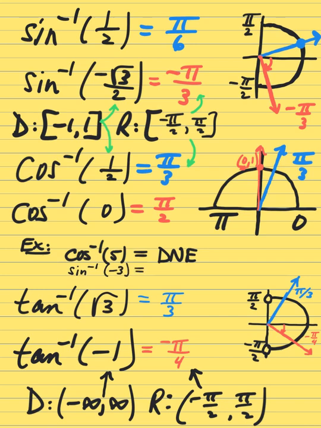This would be another case of does not exist because you have to have a number between negative and positive 1. 5 and negative 3 are not in that interval. And so that's why you run across a few examples of problems you can't do.